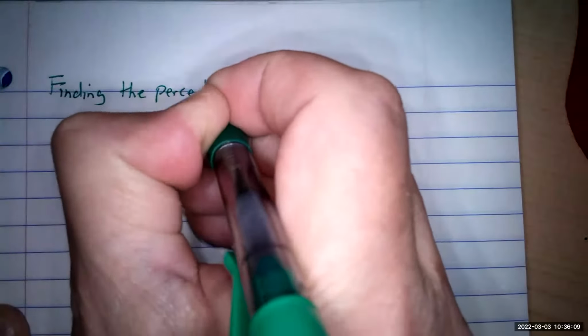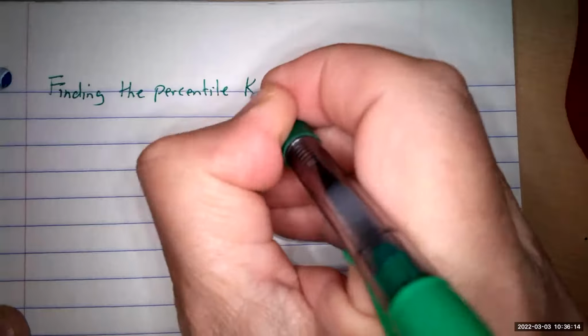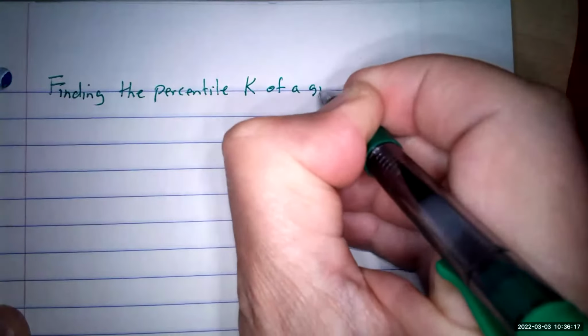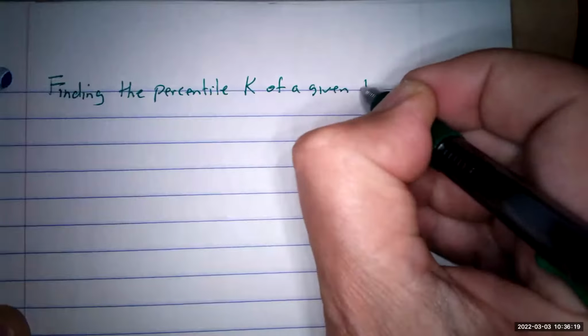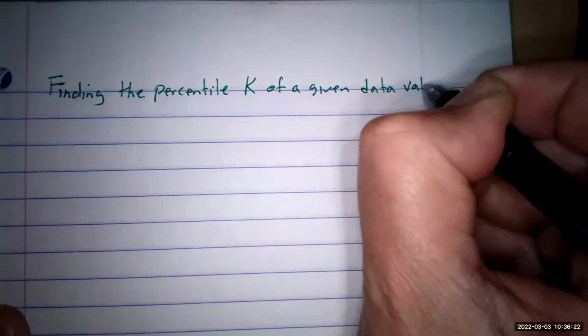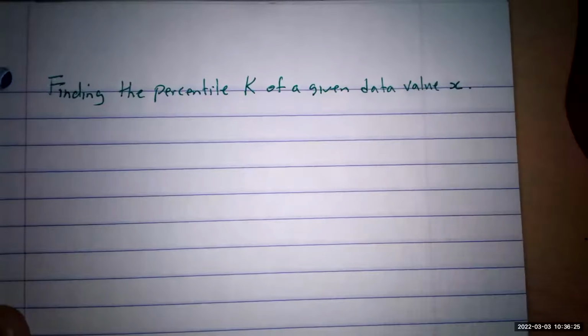Checking the first problem. The first problem that we have to solve is finding the percentile, percentile K if you like, of a given data value X. So a number would be given, you want to find the percentile.